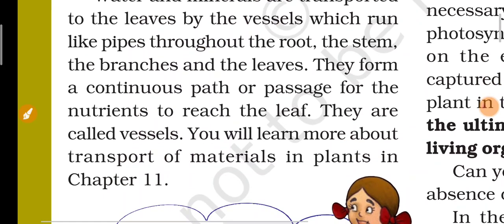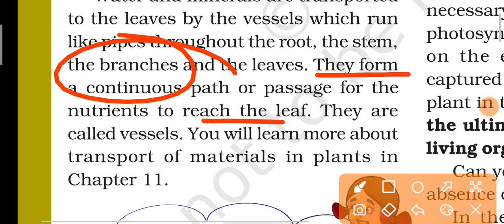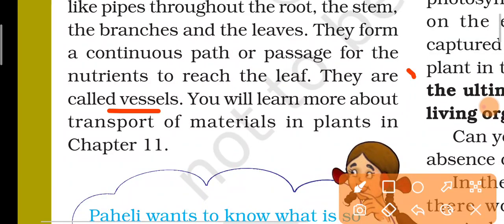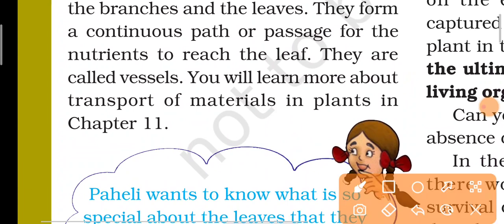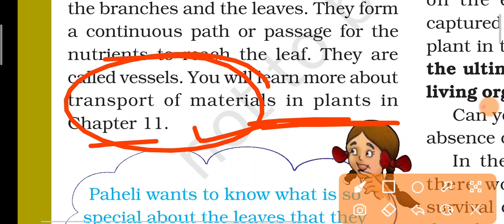So they form a continuous path or passage for the nutrients to reach the leaf, and they are called vessels. You will learn more about transport of materials in plants in chapter 11, in the same class.